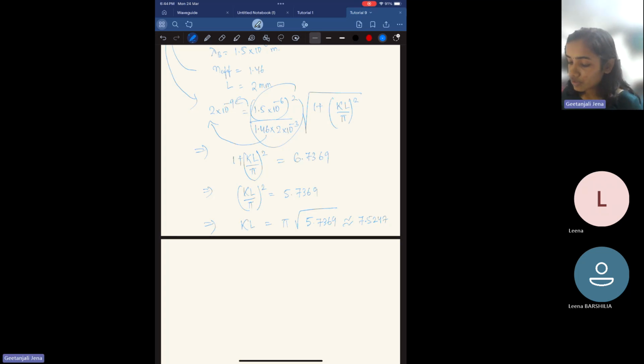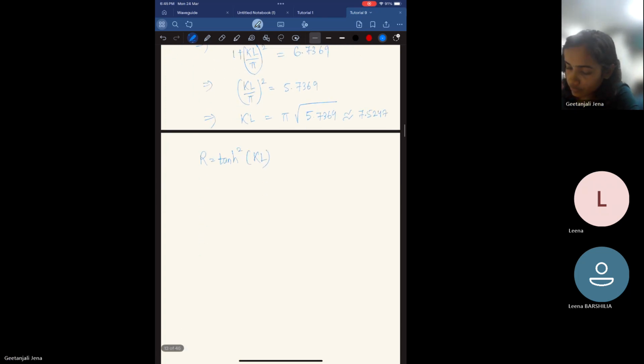Okay. So now we know kappa L, so that means we can find out what is the reflectivity, which is tanh square of kappa L. This you can write as (e to the power kappa L minus e to the power minus kappa L) over (e to the power kappa L plus e to the power minus kappa L), whole square.